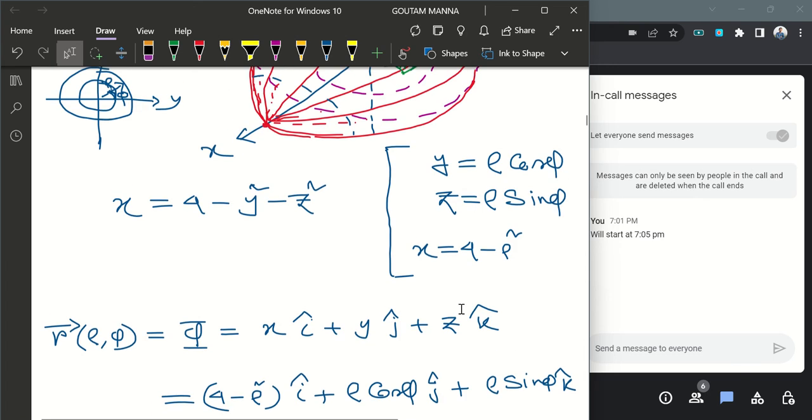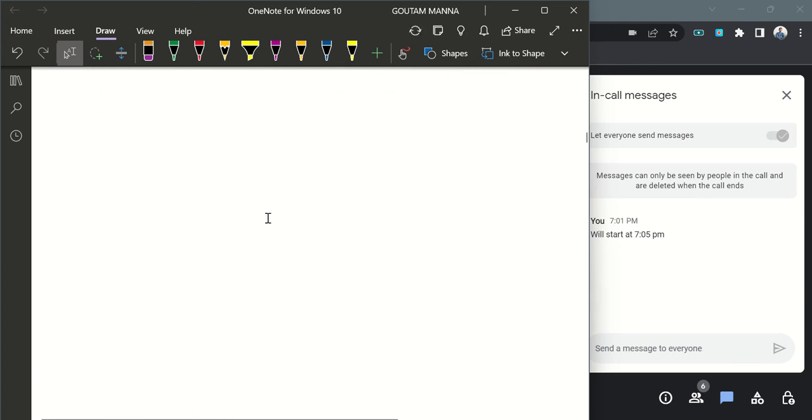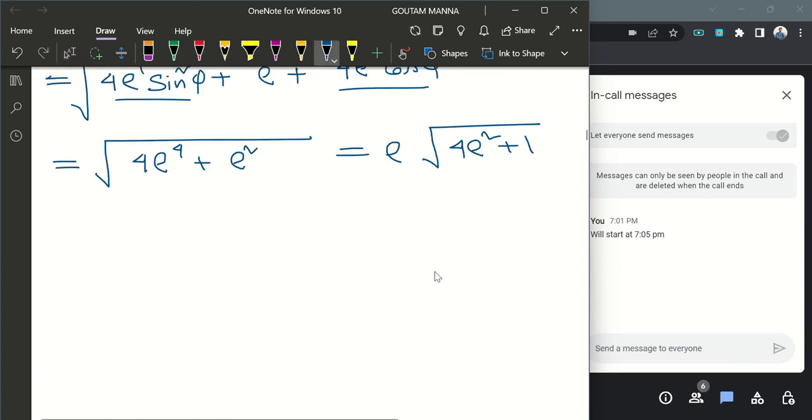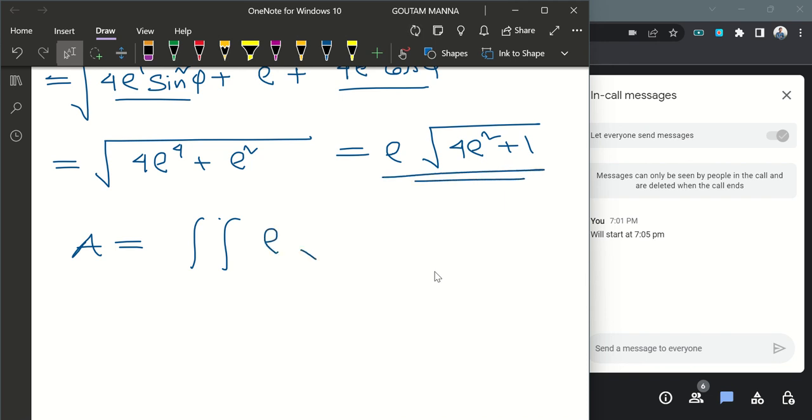Okay, so then the area will be the integration of this quantity, which is rho root of (4 rho square plus 1) times d rho d phi.